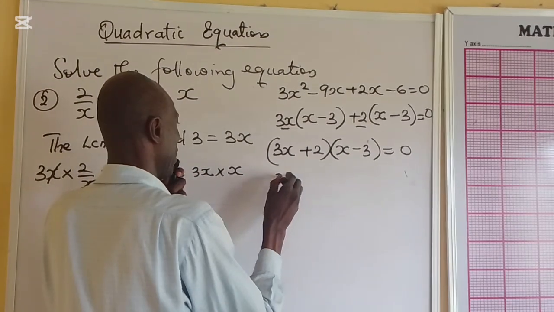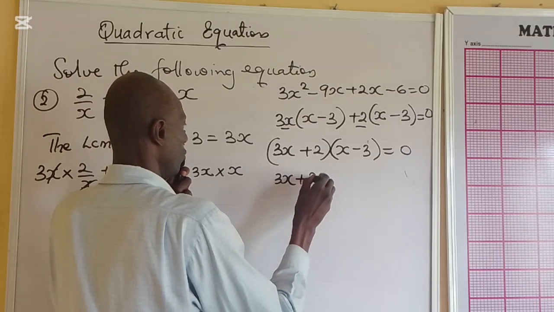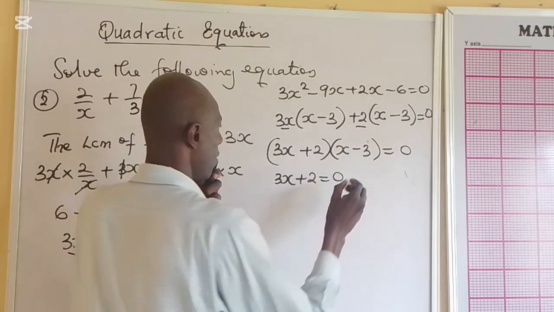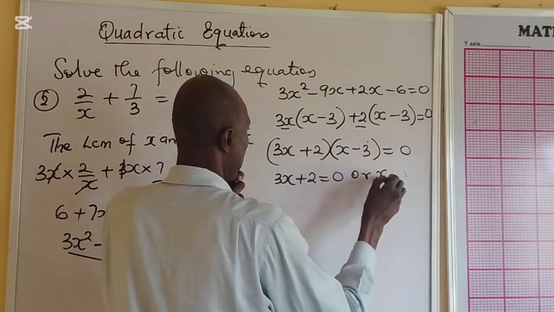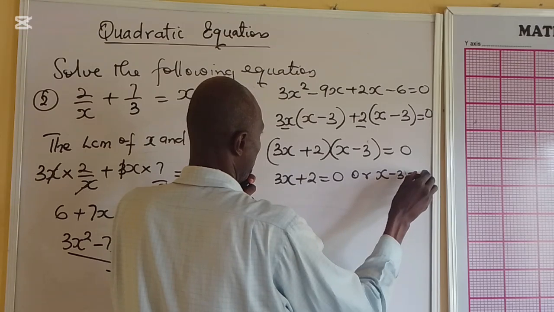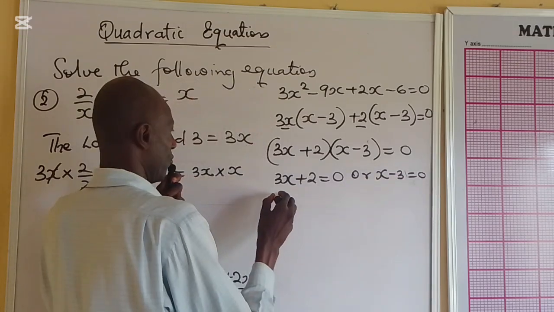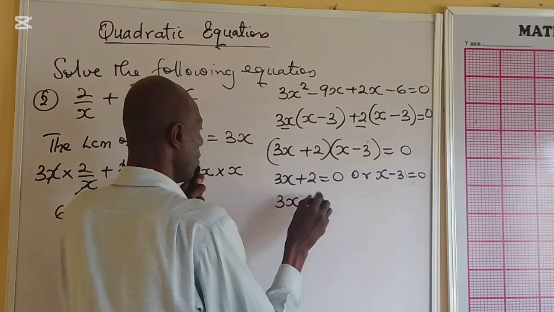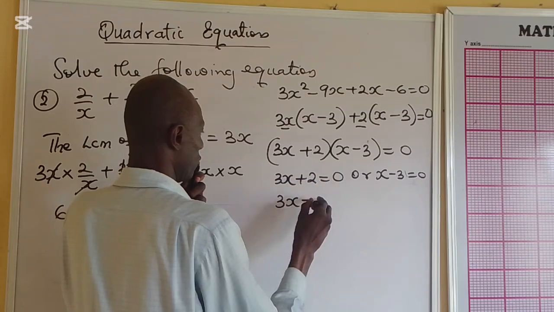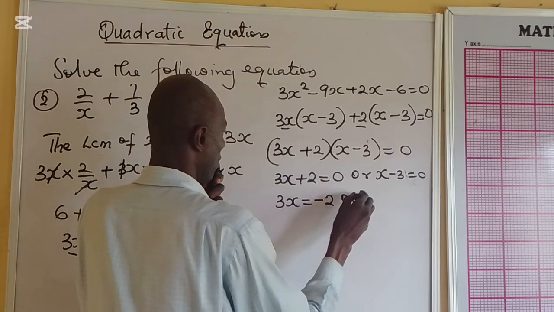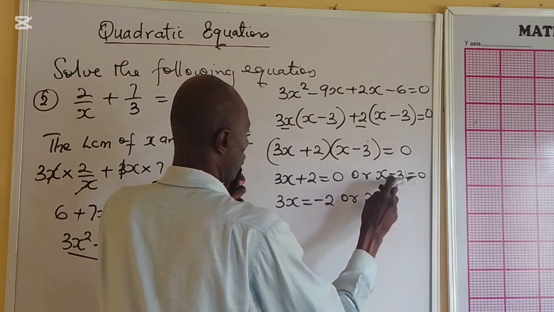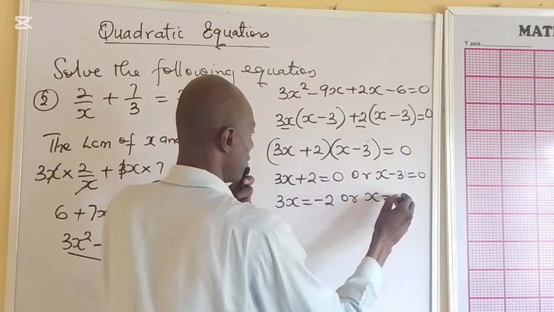Here will be 3x plus 2 is equal to 0, or x minus 3 is equal to 0. So 3x, when plus 2 crosses, changes to minus 2, or x is equal to, when minus 3 crosses, plus 3.